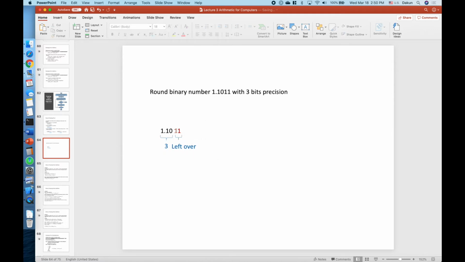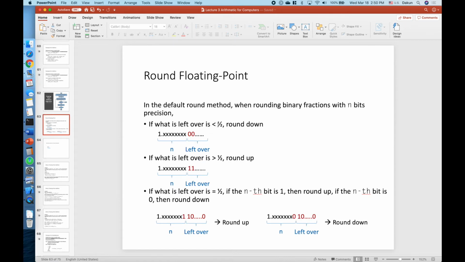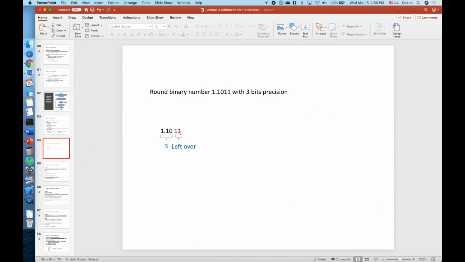Then we should check whether this leftover is smaller than 1/2 or bigger than 1/2.